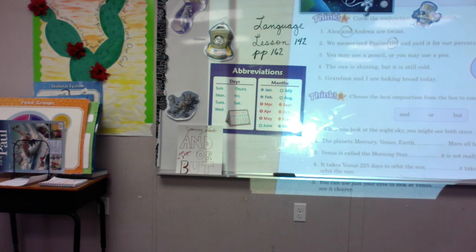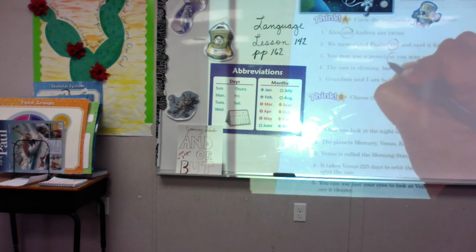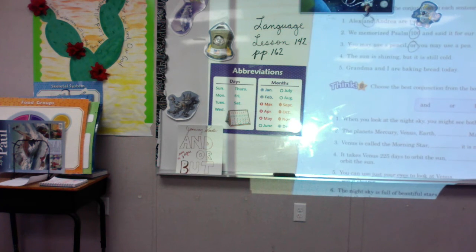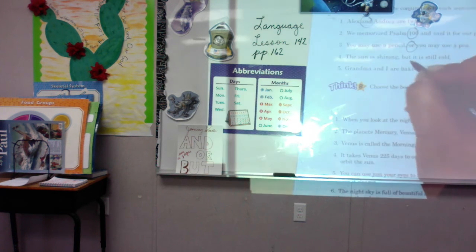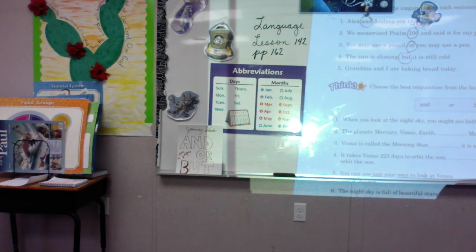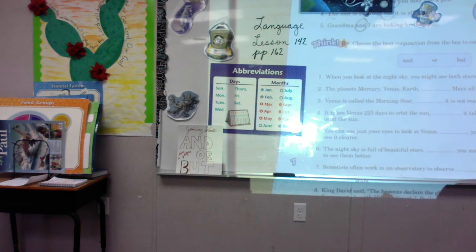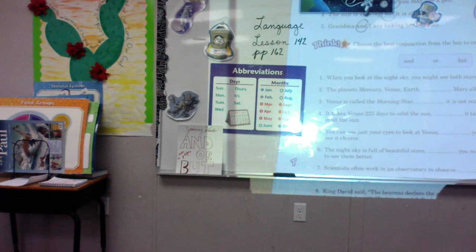You may use a pencil or you may use a pen. The sun is shining, but it is still cold. Grandma and I are baking bread today. That sounds like fun. Choose the best conjunction from the box to complete each sentence.